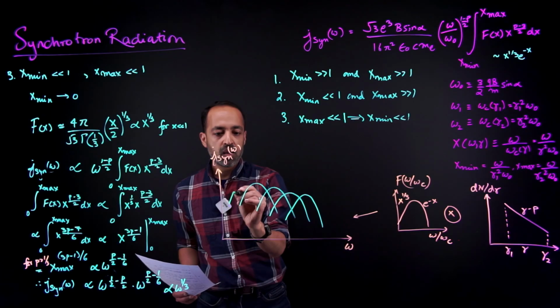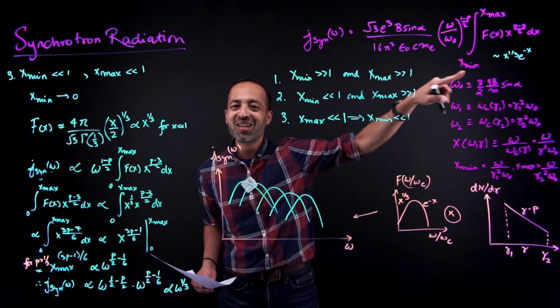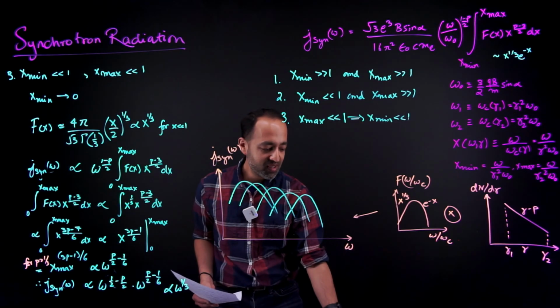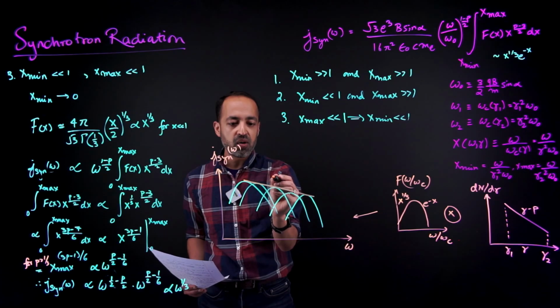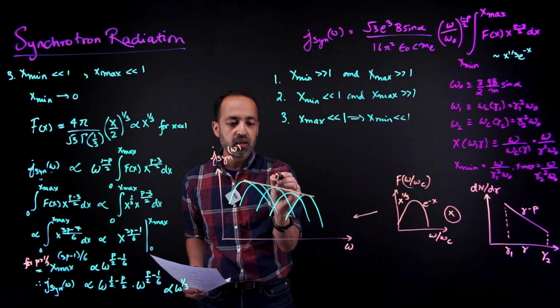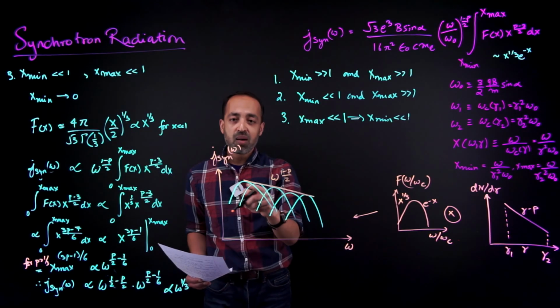And so it turns out that when you add up all of this, you get a power law here. The slope of this power law is omega to the (1 minus p) over 2. And then you can see what happens at the edges.